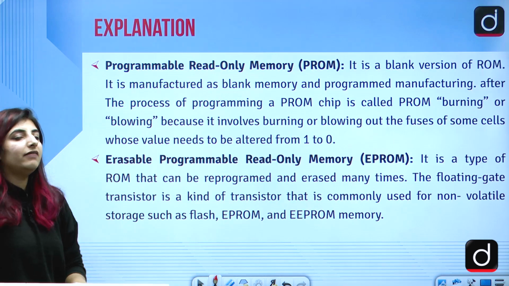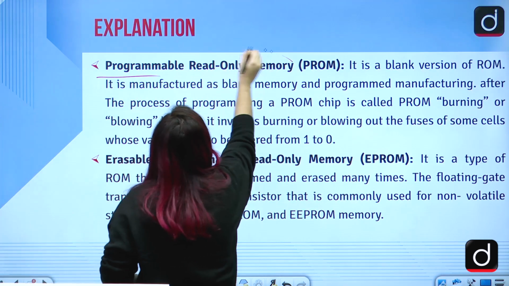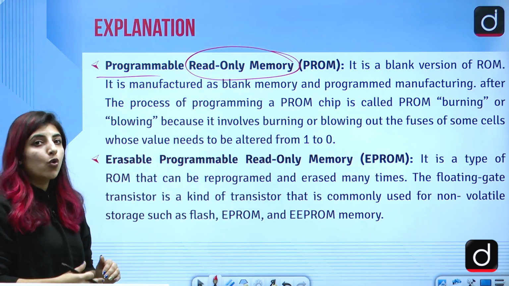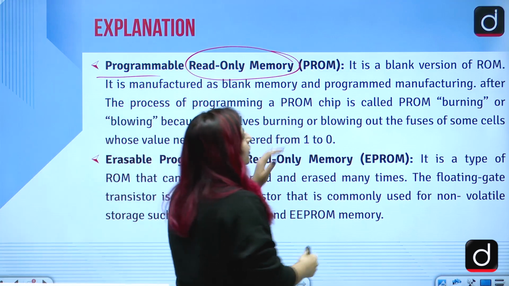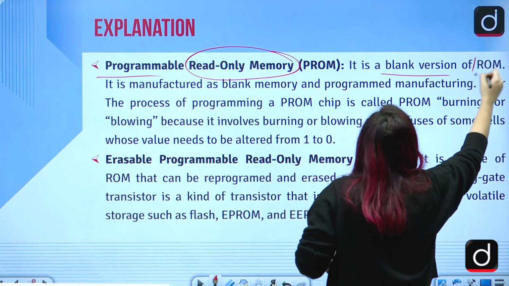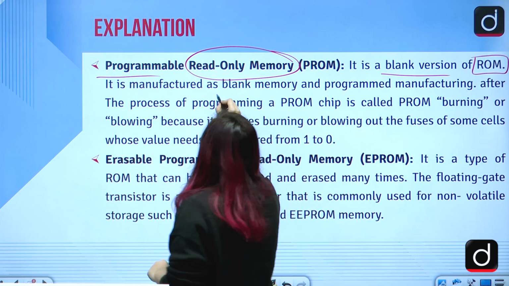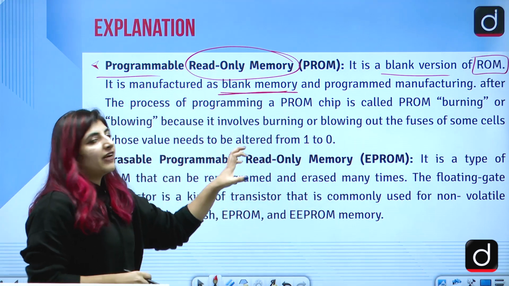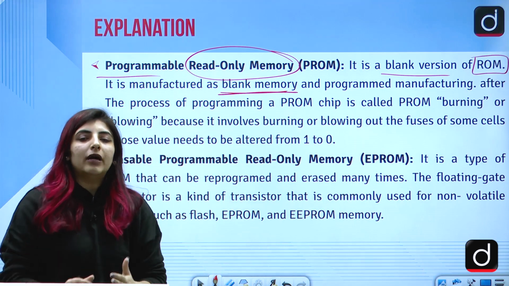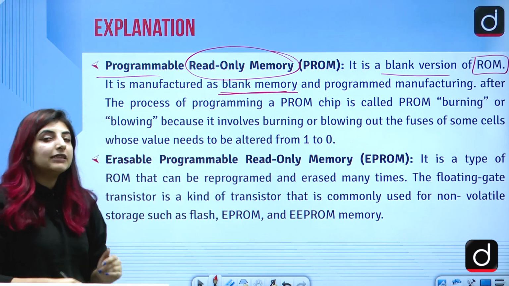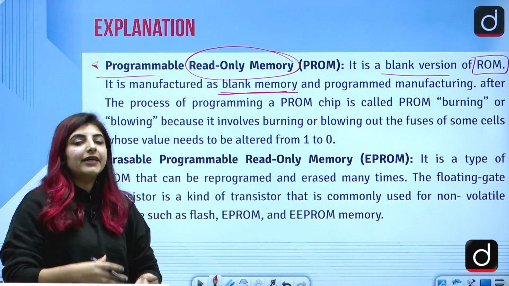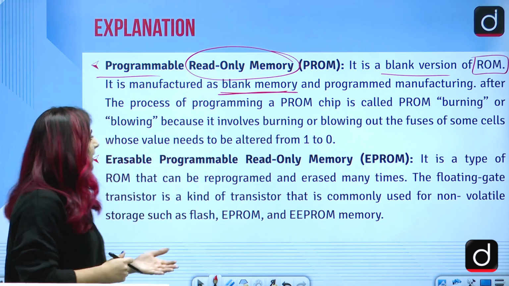The third thing we have is programmable read-only memory. It obviously is a subset of ROM, a blank version of ROM where you can write the data only once, manufactured as a blank memory and programmed after manufacturing. So basically this is a type of disk in which the user, whosoever is using it, can program it accordingly, correct?